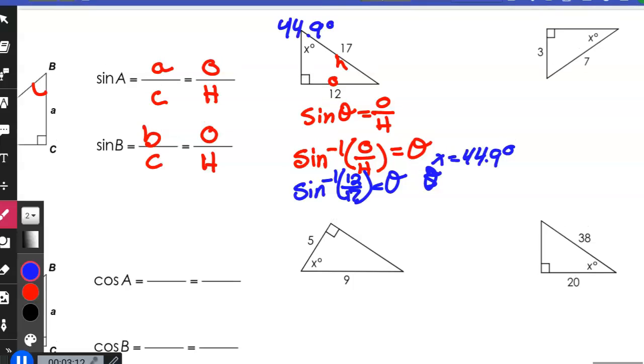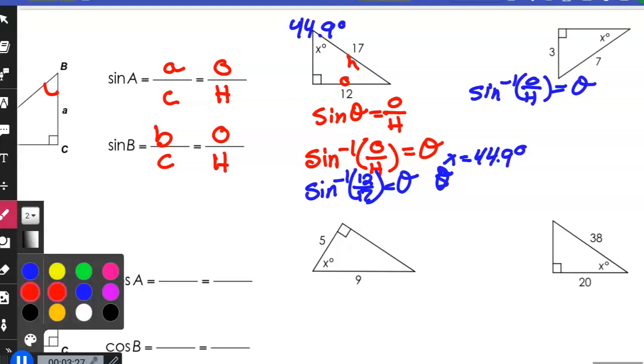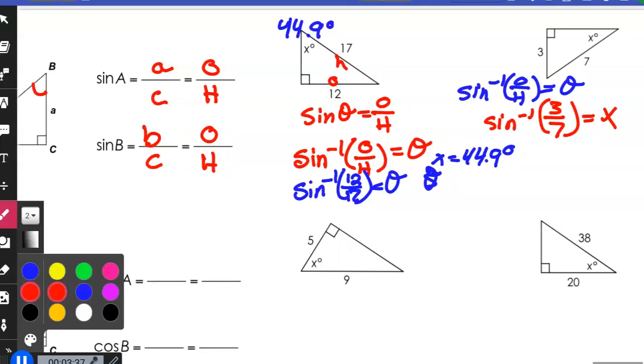Okay, let's try this other one with the 3 and the 7. Inverse sine of opposite over hypotenuse equals theta. So inverse sine of 3 over 7 equals x. And that is what you type in.